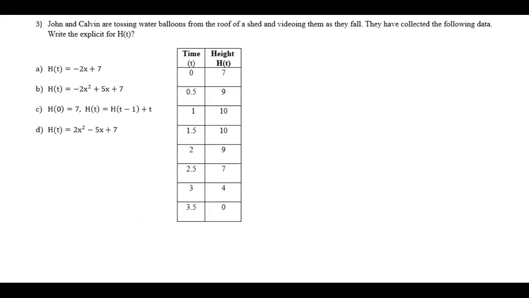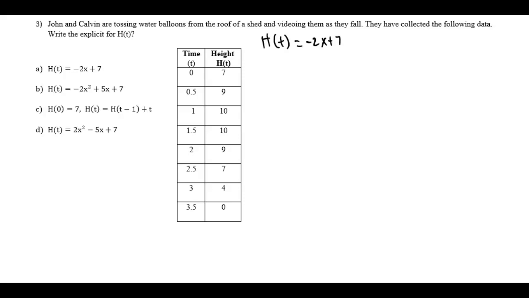So if t is 0 on the first one, let's say h of t equal negative 2t plus 7.